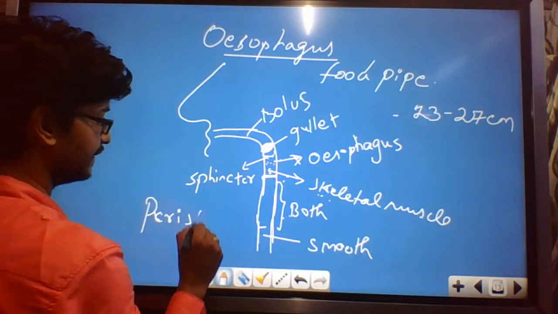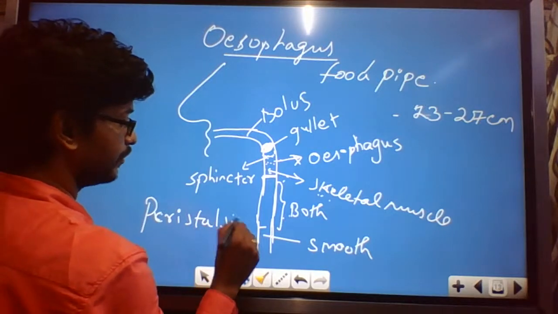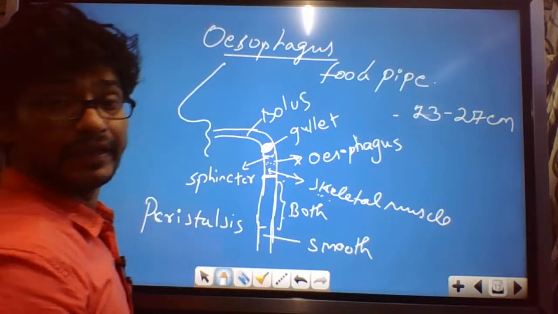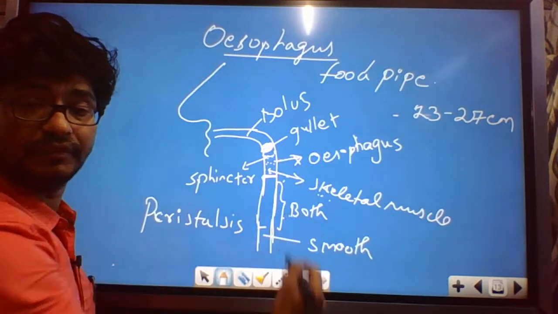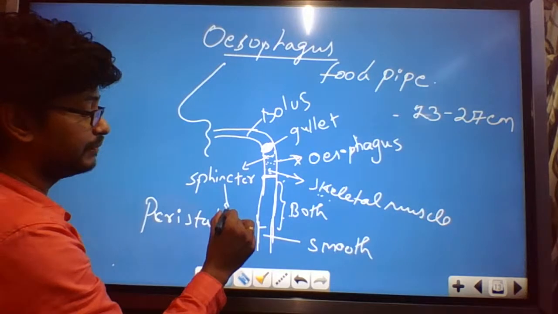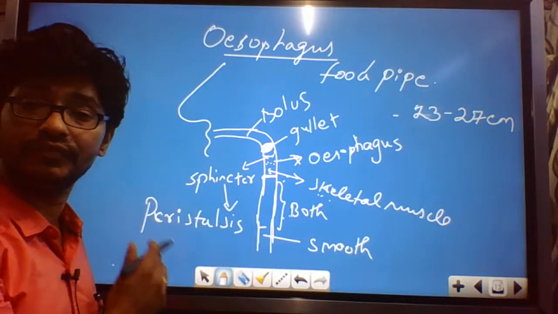Peristalsis is an involuntary movement, which happens once the bolus crosses the skeletal muscles. The sphincter muscles enhance the movement of the bolus.